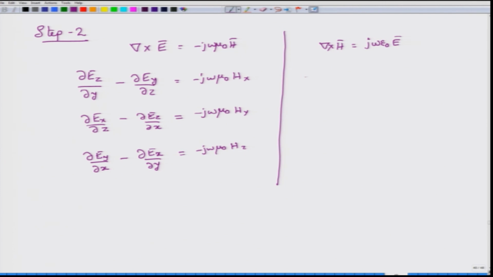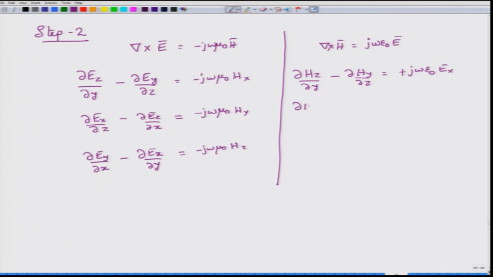I am writing this in parallel because I want to show you how to combine these equations and express Ex, Ey, Hx and Hy in terms of Ez and Hz and their derivatives. So, I have del Hz by del y minus del Hy by del z equal to plus j omega epsilon naught Ex.